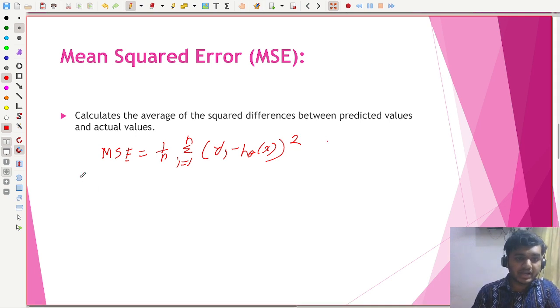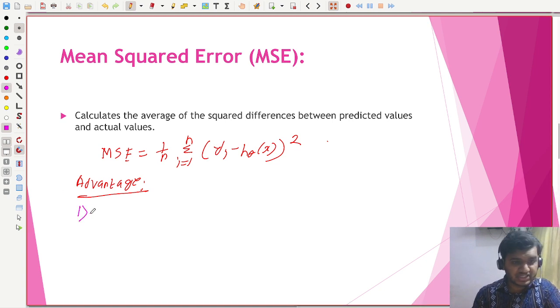So the advantages of mean square error in general use. First one is the equation is differentiable.